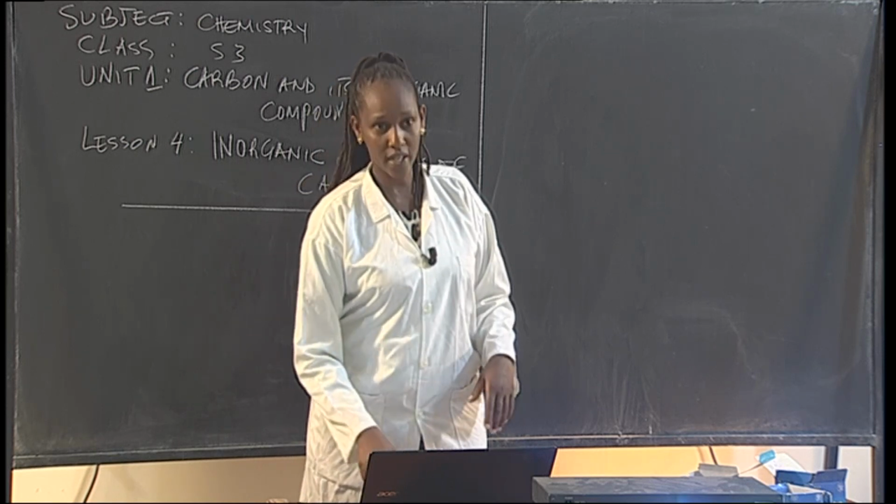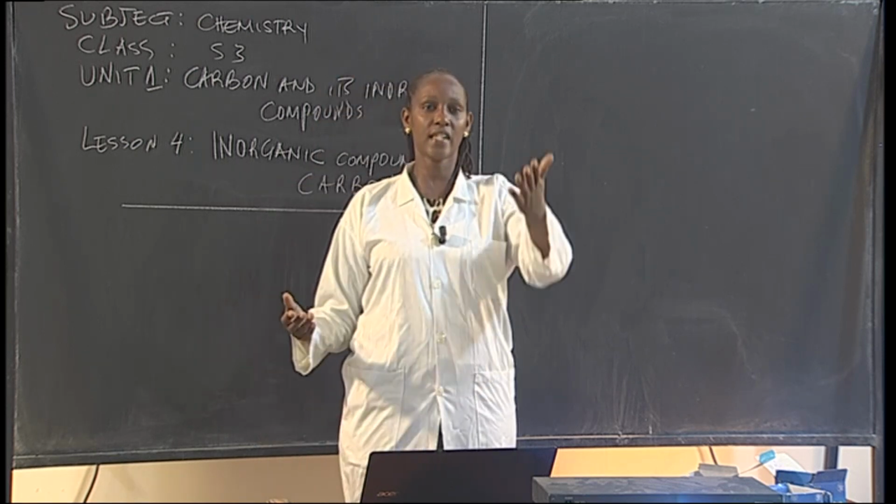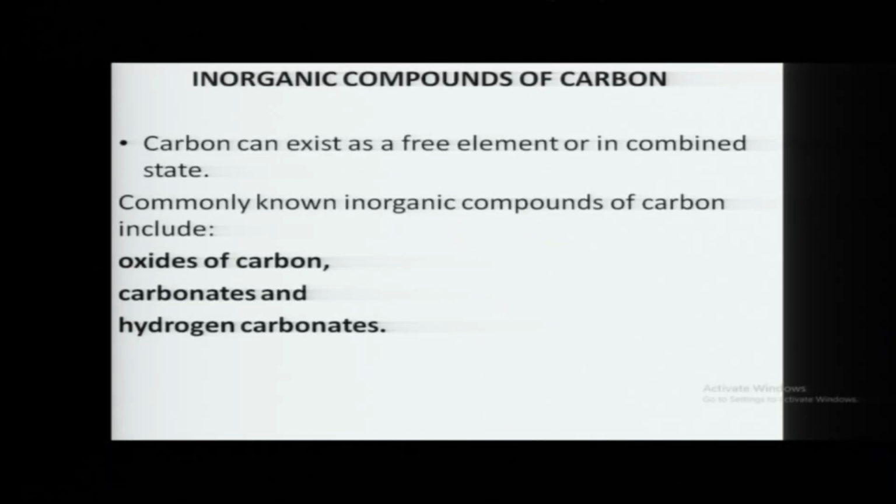Good. One, inorganic compounds of carbon. Carbon exists as a free element or in a combined form. Those that are in a combined form are what we call the inorganic compounds of carbon. They include oxides of carbon, carbonates, and hydrogen carbonates.